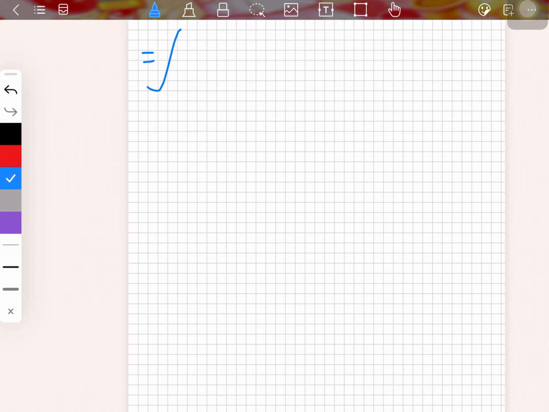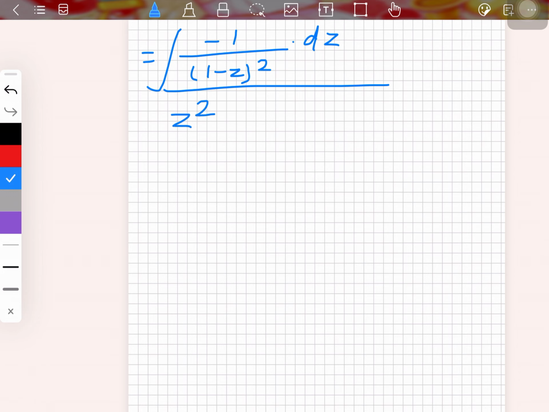So what you will have is minus 1. I've changed the color of the pen so that it becomes not so monotonous. So (1 minus 2z) over (1 minus z) minus 2 to the power 5, isn't it?